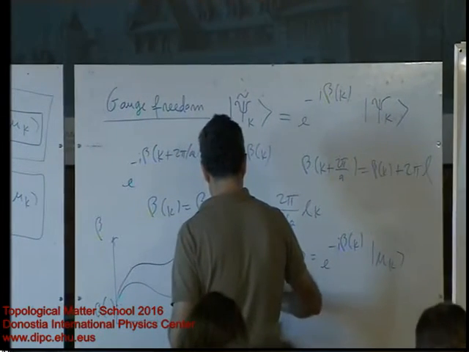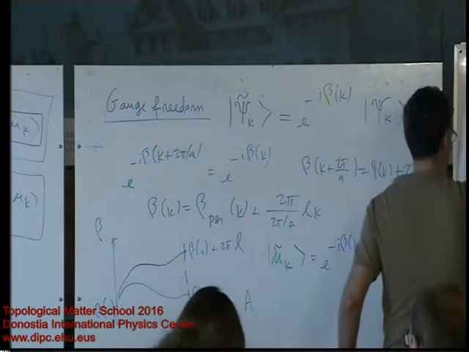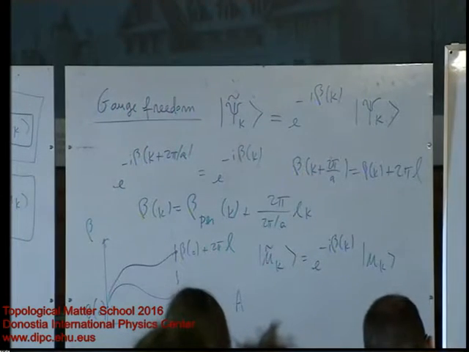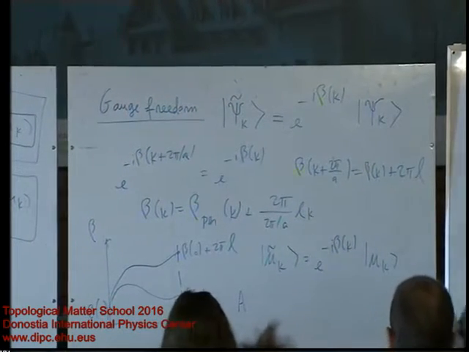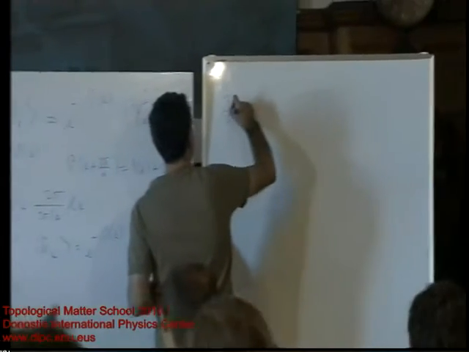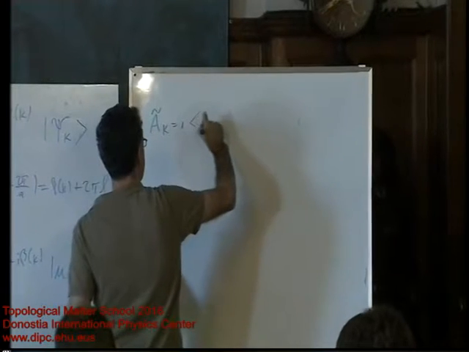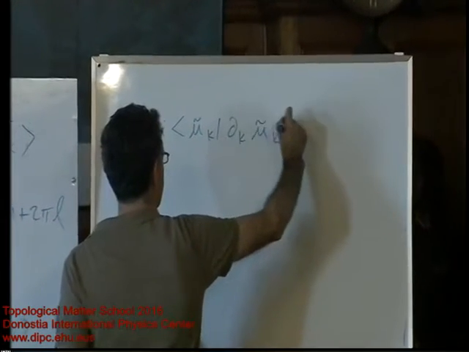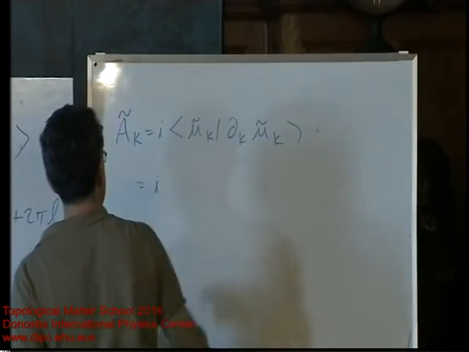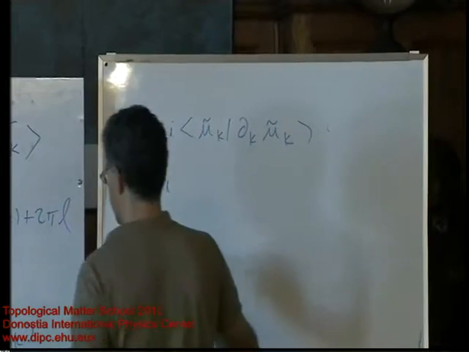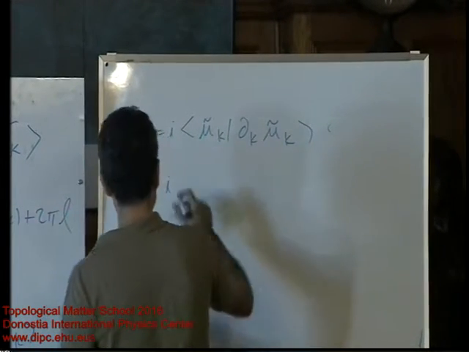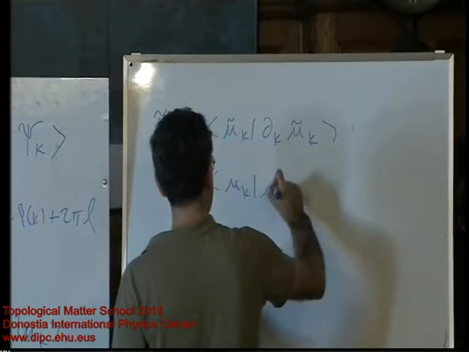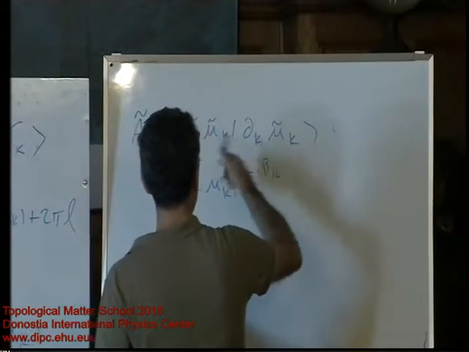So how does the new, okay, let me write here because people in the back cannot see. So what does the new A, the transformed Berry connection, look like? A bar of k equals i times u bar of k, d/dk, u bar of k. So we have u_k e to the plus i beta of k from the bra here.